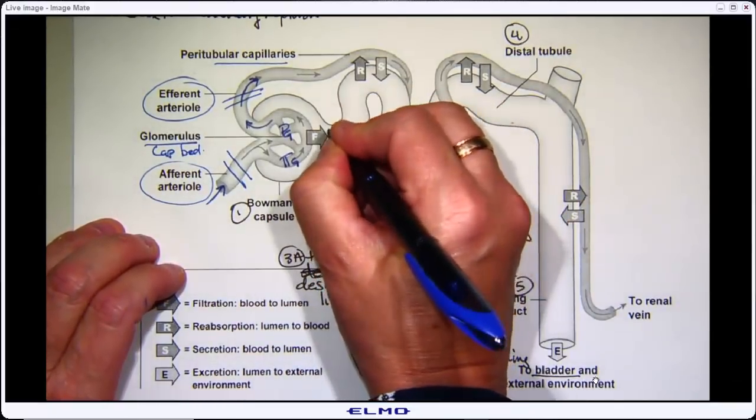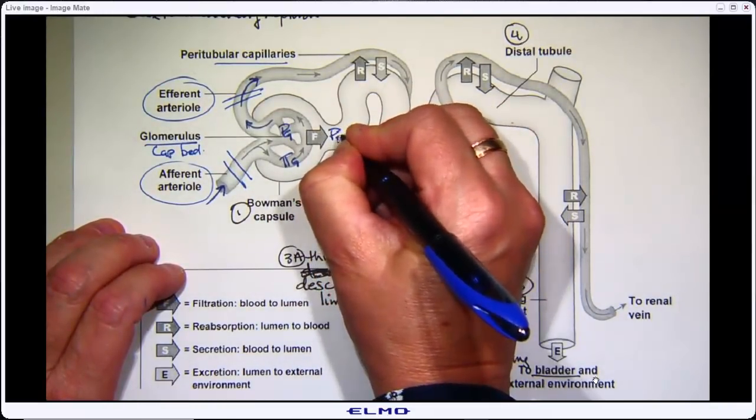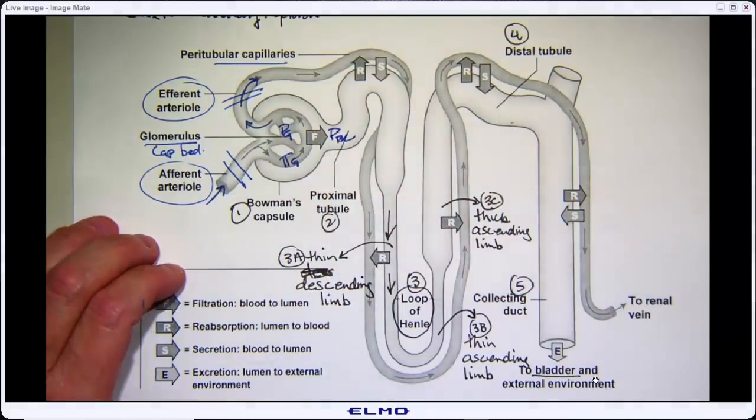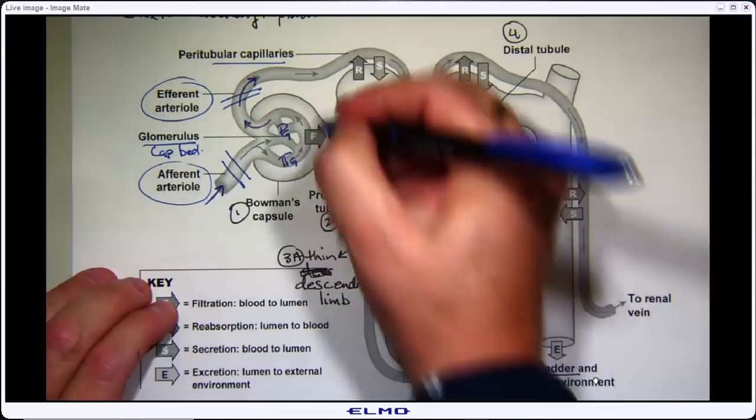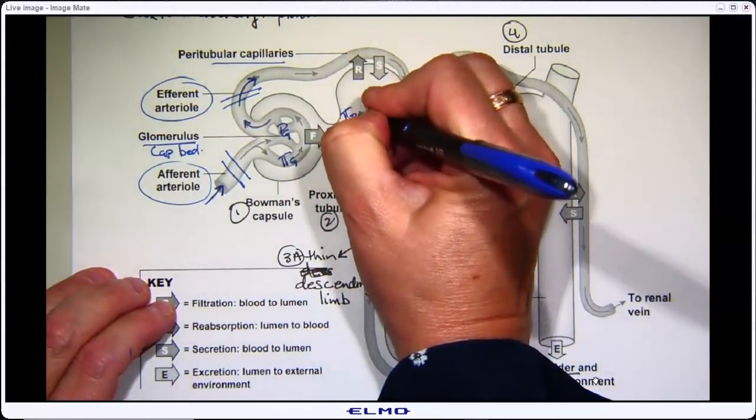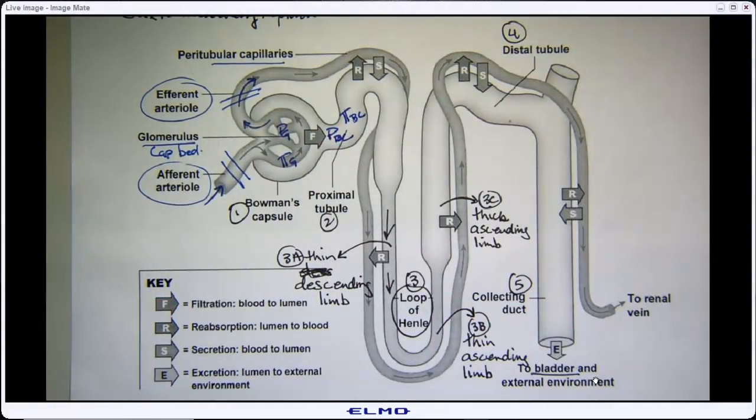So there's going to be a hydrostatic pressure in the Bowman's capsule, and an oncotic pressure in the Bowman's capsule. So fluid flux is dependent on these four things. Fluid flux across this spot is going to be a delta P, delta pi argument again, okay?